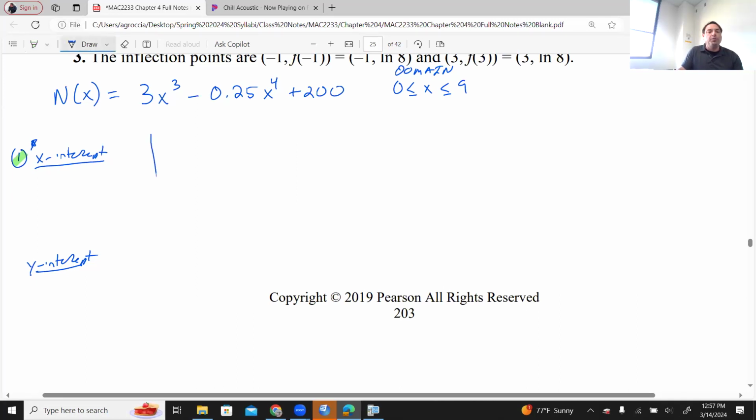Number two, extrema. Practice your extrema. As soon as you hear the word extrema, the first thing that comes to mind is stationary, singular, endpoints.